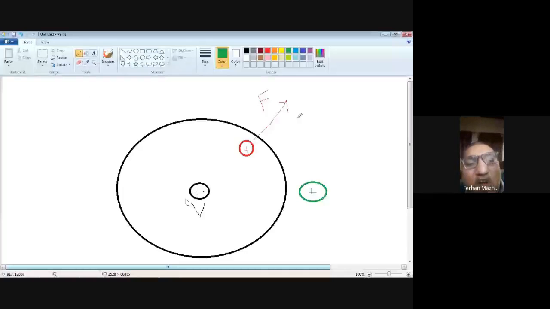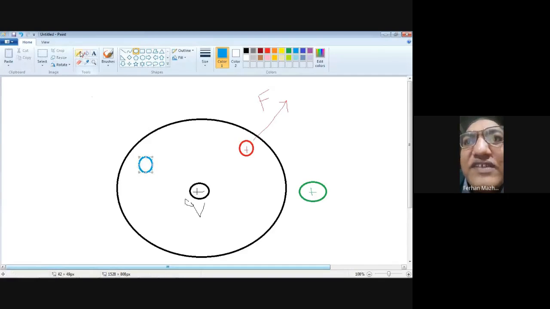And whatever will be the direction of that force, that will be the direction of the electric field there. Try to understand this thing. For example, I put a positive test charge here.